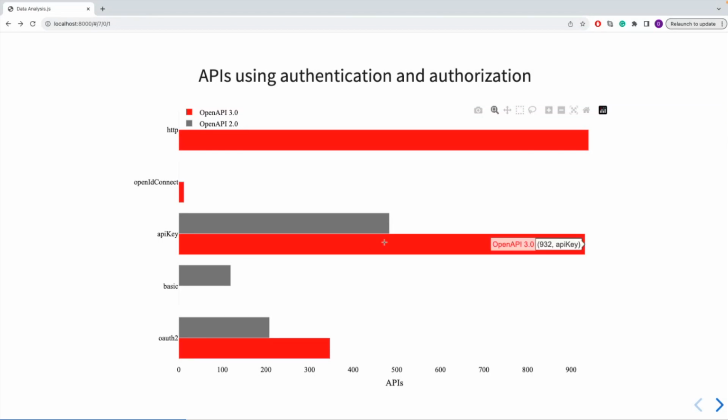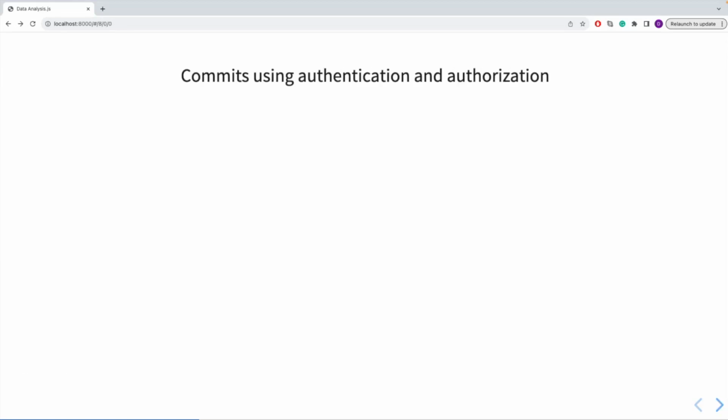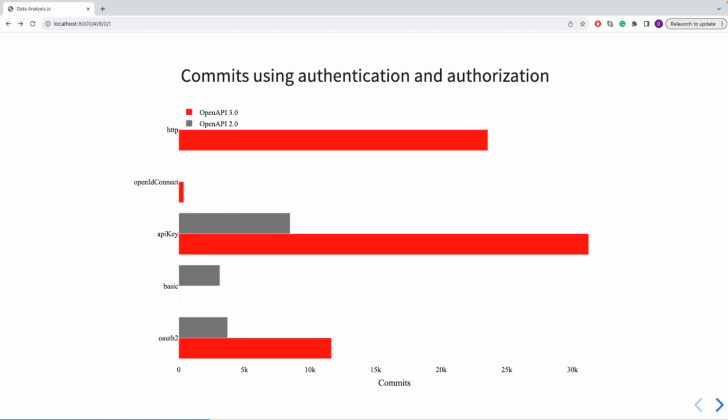So we can see more APIs in the 3.0 version. Also, we can see the distribution for commits. We also see a tendency of the commits applying API key authentication.